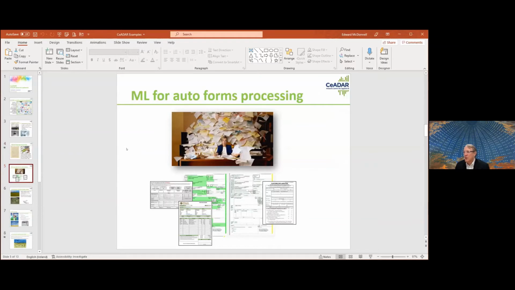You get so many varieties. And again, it's not scalable. You can throw people at it, but you have to increasingly throw more and more people because the variety is enormous with these forms coming in. But this is where machine learning can help. It can pick out the pertinent information on the form, irrespective of the format that it's displayed in.